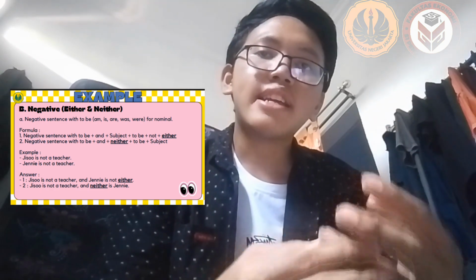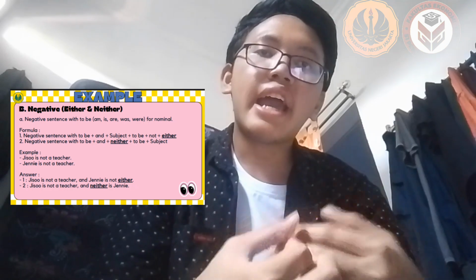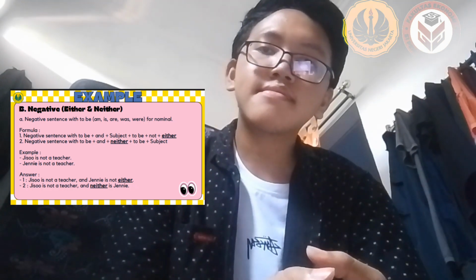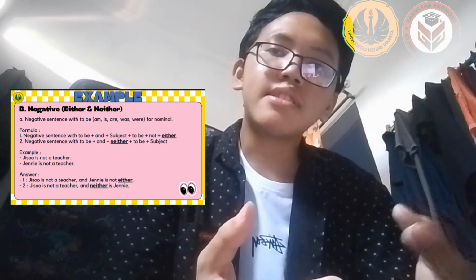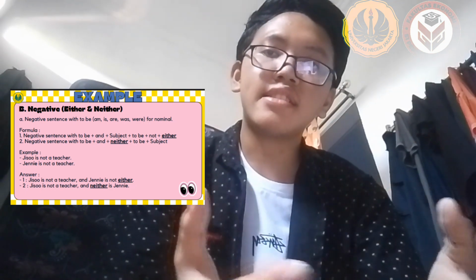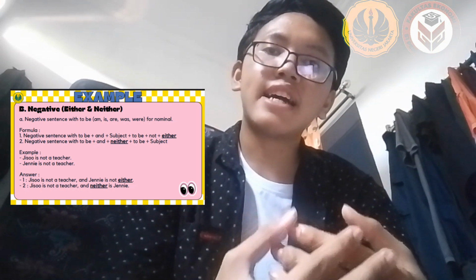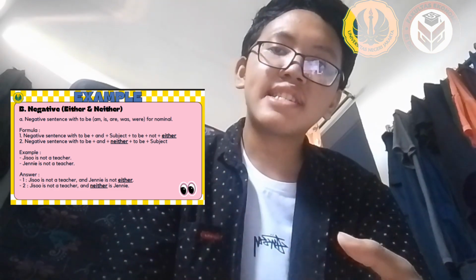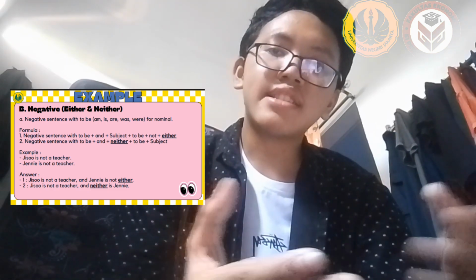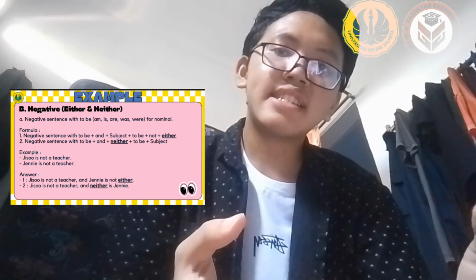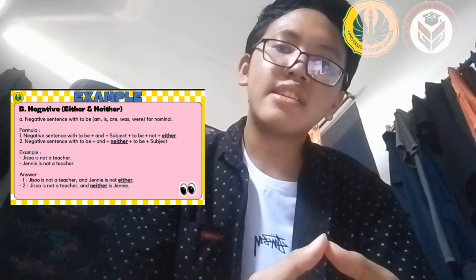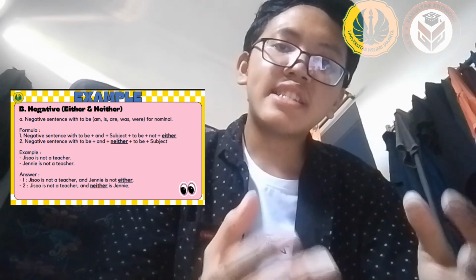Second, negative sentence with to be and neither, to be, subject. The example: Jesus is not a teacher. Jenny is not a teacher. The answer is: Jesus is not a teacher and Jenny is not either. Jesus is not a teacher and neither is Jenny.